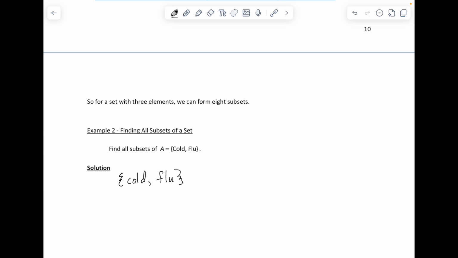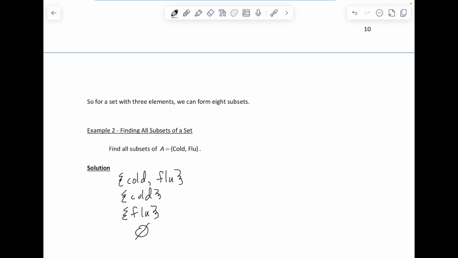And then 2 other subsets are just ones containing each individual element. So the set containing only cold, and then only flu. And then, of course, we have to consider the empty set as well, because that's always a subset of any set, okay? So we see that there are 4 subsets, right?